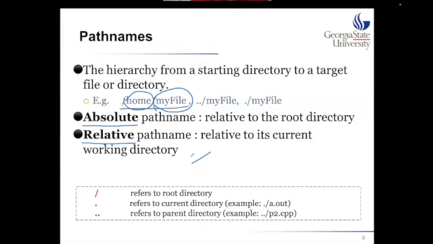For example, I can give you another example a bit later, but let's first talk about relative path. A relative path is relative to the current directory. For example, many of you are from different countries.